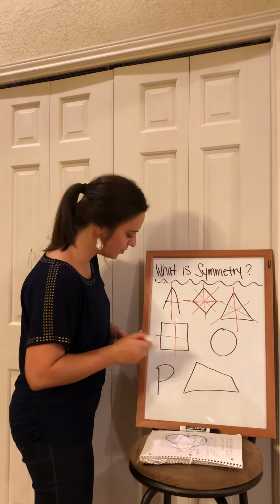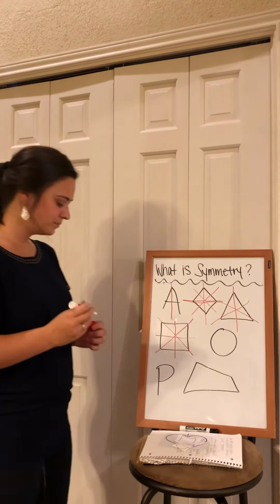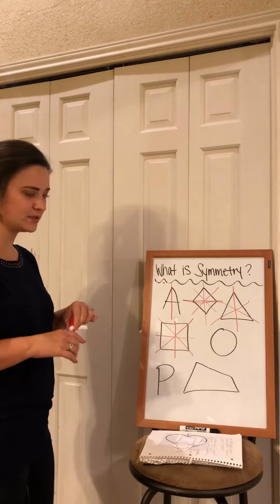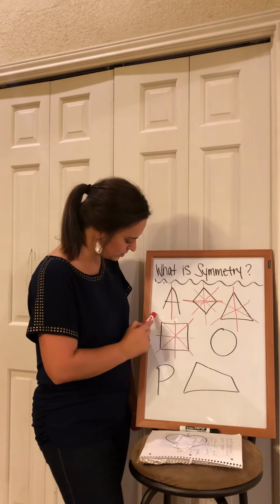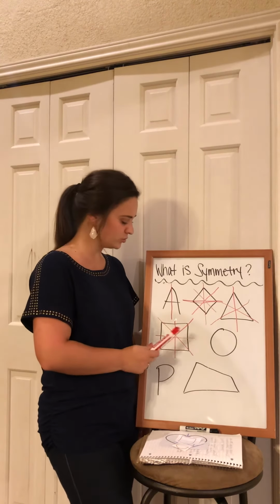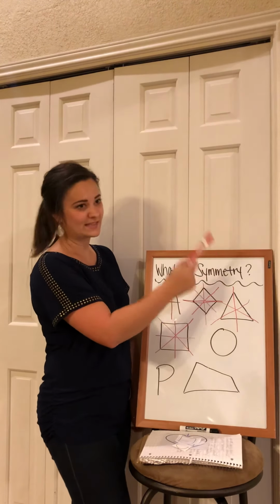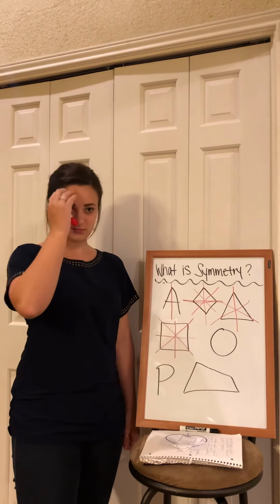So I can do it both diagonal ways. So my square has how many lines of symmetry? 1, 2, 3, 4. And my square is called what? Symmetrical. It has symmetry. It is symmetrical.